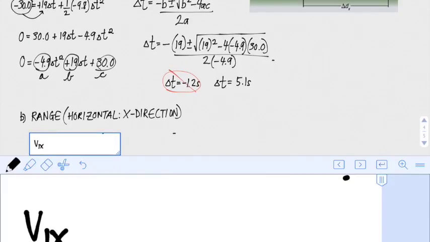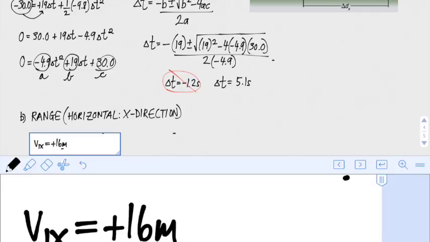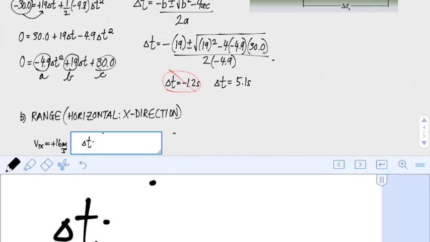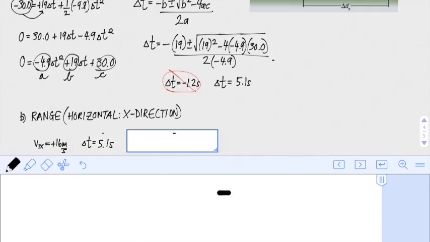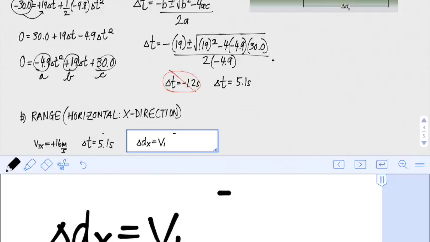We determined our initial x component of our velocity to be plus 16 meters per second. And we know our time of flight is 5.1 seconds. Therefore, we can quickly find our range using what we've called the range equation, Vix delta t.